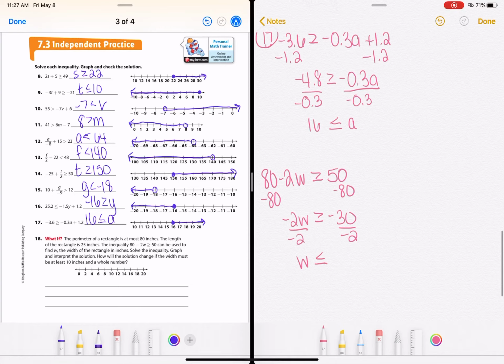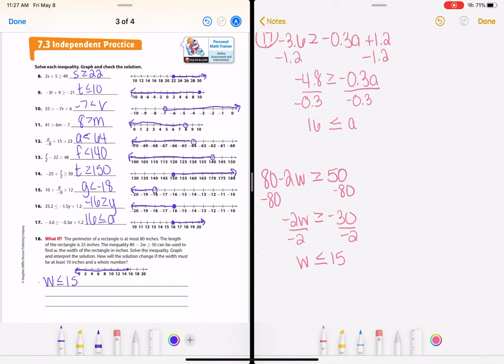Reverse the inequality symbol. So w is less than or equal to 15. So if we want our perimeter to be at most 80 inches, our width would have to be at most 15. So w is less than or equal to 15. So if I want to graph that solution, close circle at 15, w has to be less than that, so we're going to the left.